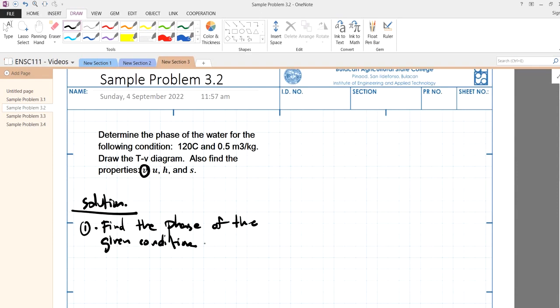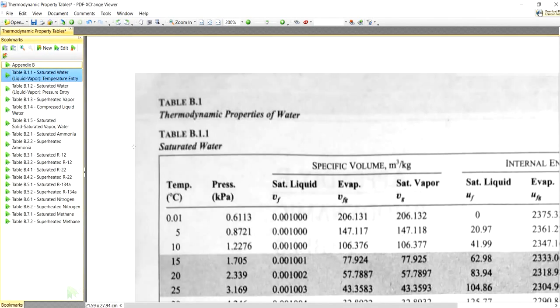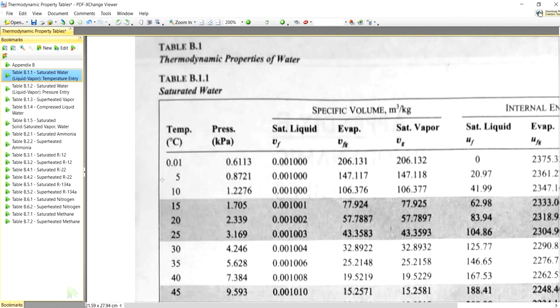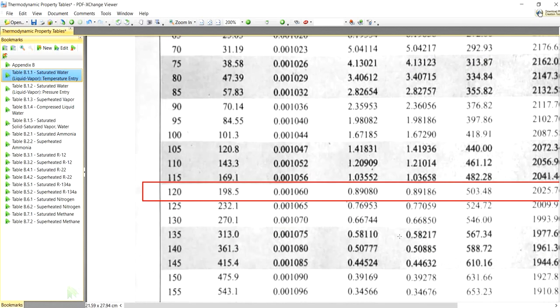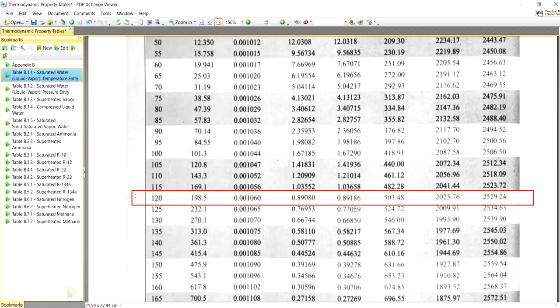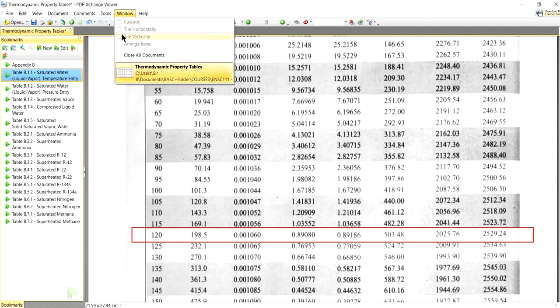So we'll use table B.1.1. The temperature is 120 degrees C, so we'll use B.1.1 at 120. So here are our values.